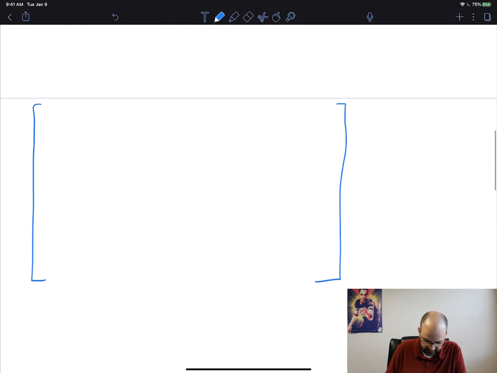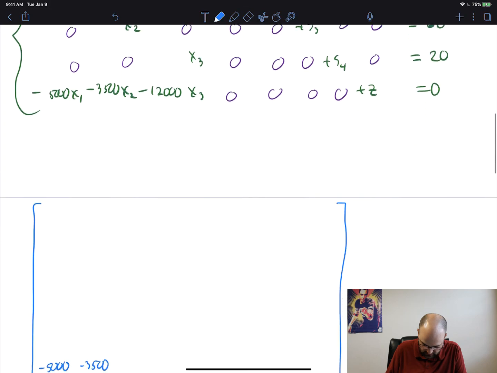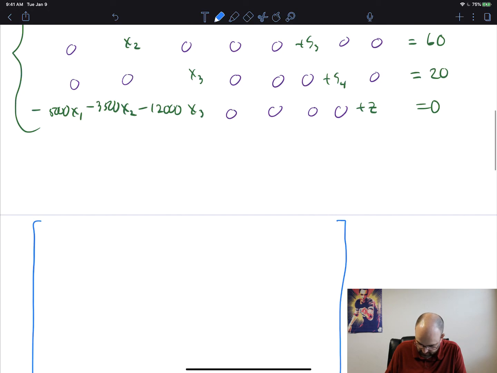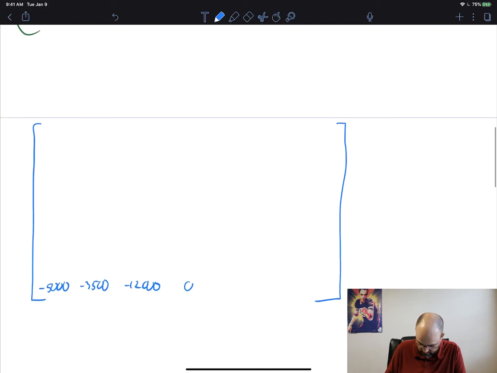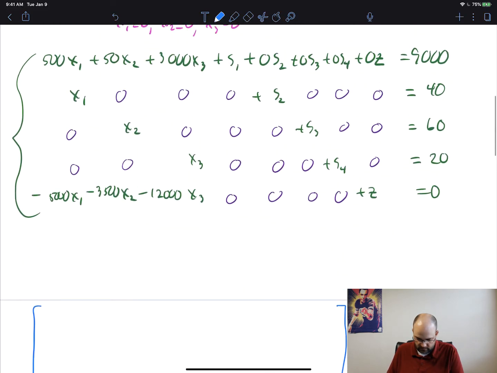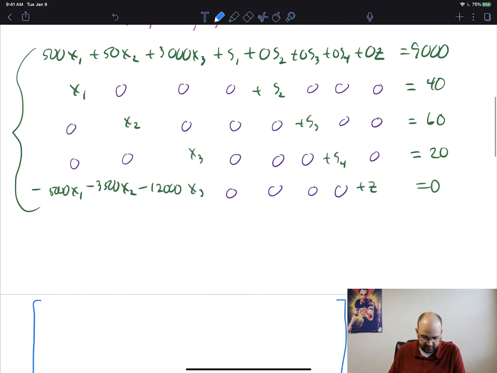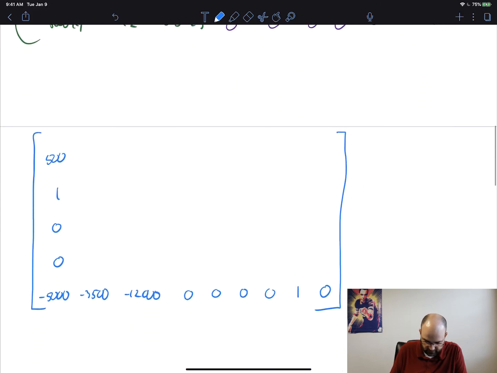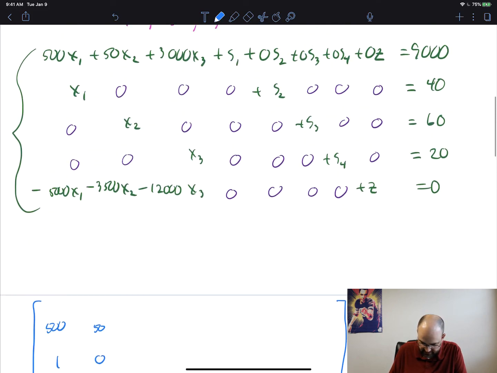Negative 5,000, negative 3,500, negative 12,000, 0, 0, 0, 0, 1, 0. There we go. Then I can finish this out. I'm going to do 500, 1, 0, 0. Then 50, 0, 1, 0. Then 3,000, 0, 0, 1.